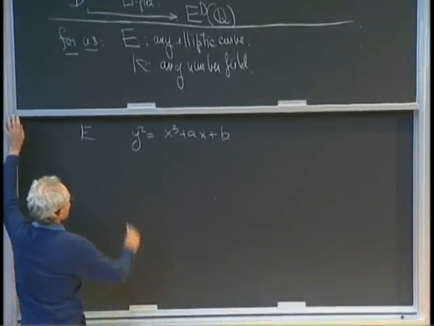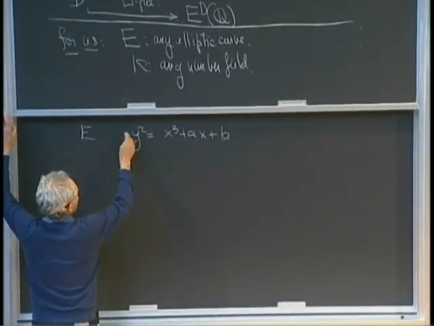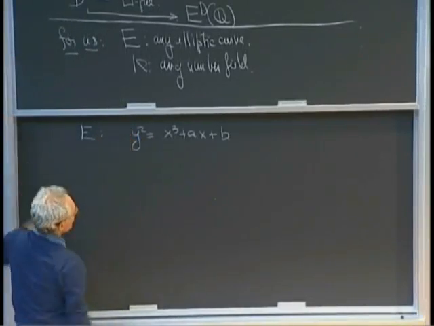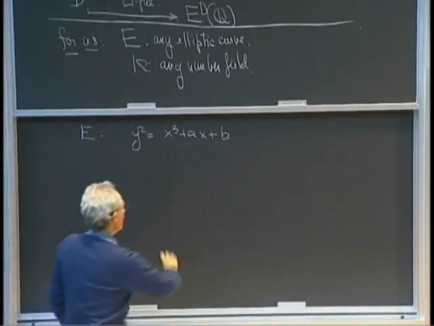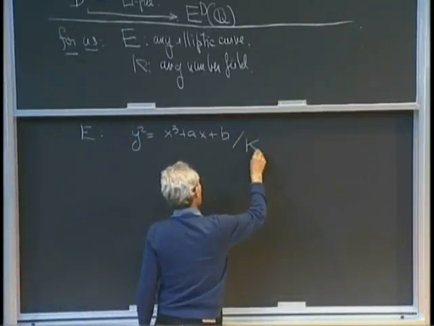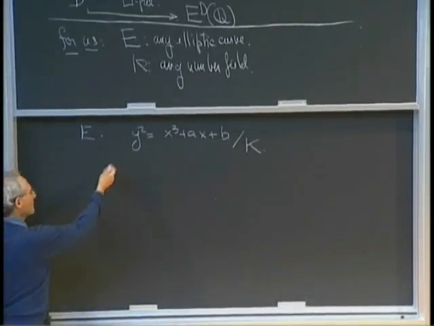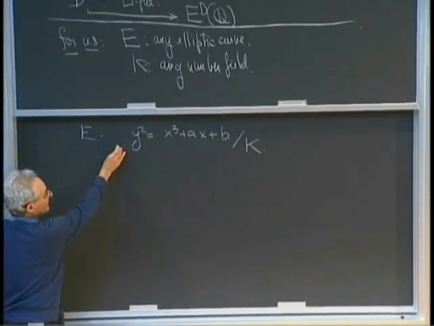But the way I want to describe it, of course, I could just consider the class of all elliptic curves where I put a d in front there and regard that as the twist. But we're over a number field K, and I prefer to describe it this way. Well, let me put the D there first.